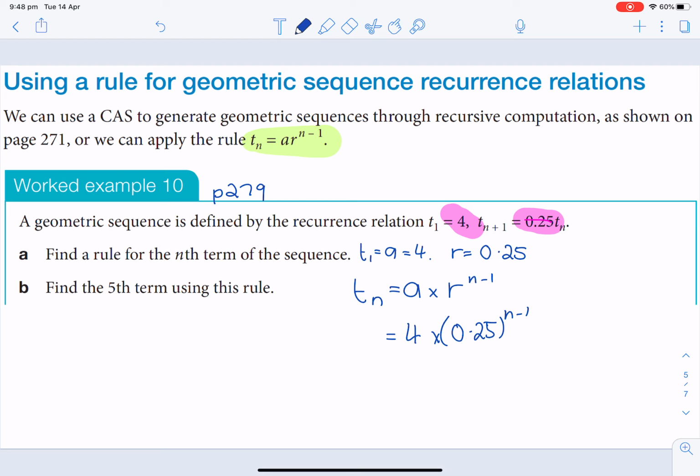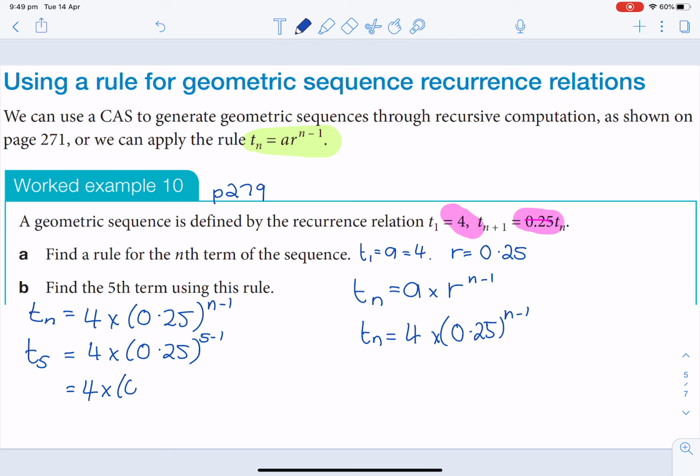All right, so find the fifth term using this rule. Let's use the formula. T of n equals 4 times 0.25 to the n minus 1. That's my T of n. I want the fifth term, so I put in T of 5. 4 by 0.25, 5 take 1, to the power of 4.